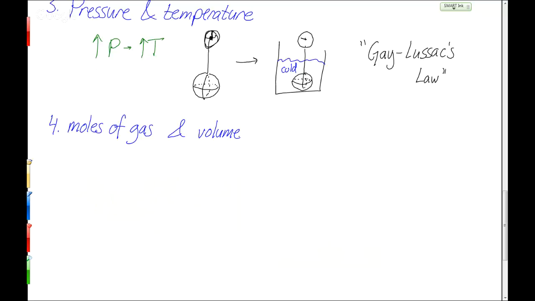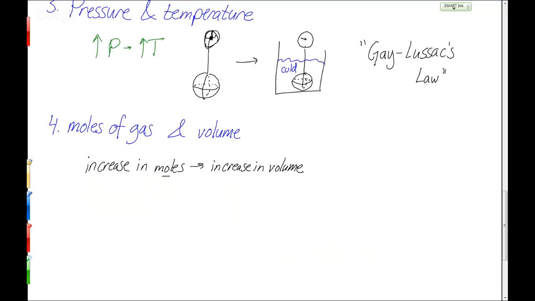It increases. And if you decrease the moles of gas, you decrease the volume.